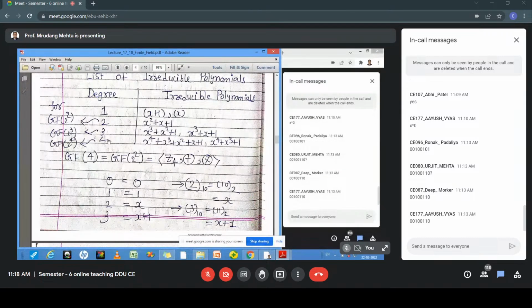And in the fourth row of the table, the highest degree is x raised to 4.